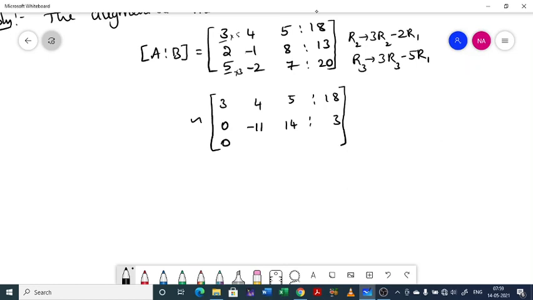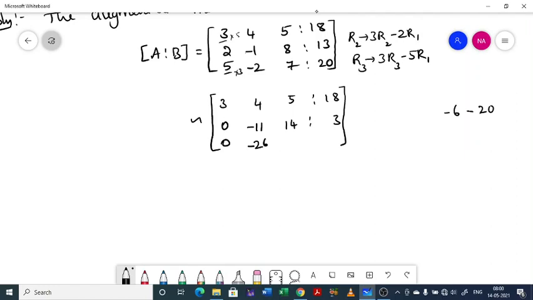Third row, this will be 0. Minus 2 into 3, minus 6, minus 5 into 4, 20, so minus 26, not 14, it is minus 26.